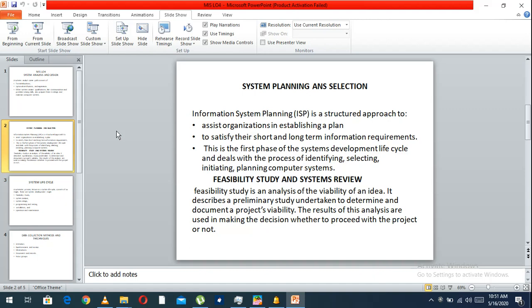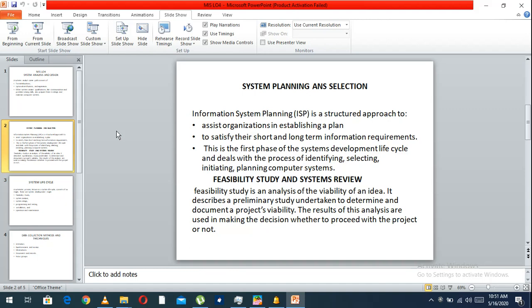Let's go to feasibility study and systems review. This is an analysis of the viability of an idea. You have to find out whether the idea is viable. Is it worth it? This describes a preliminary study which is undertaken to document a project viability.